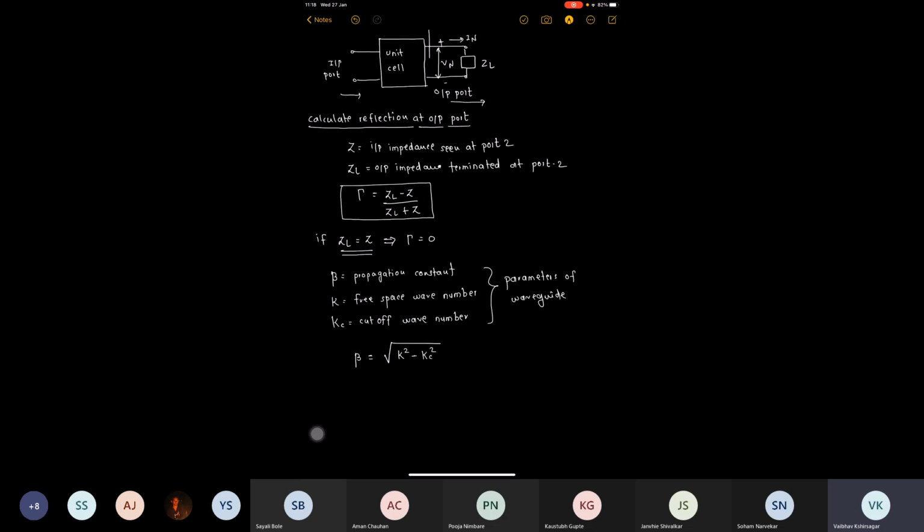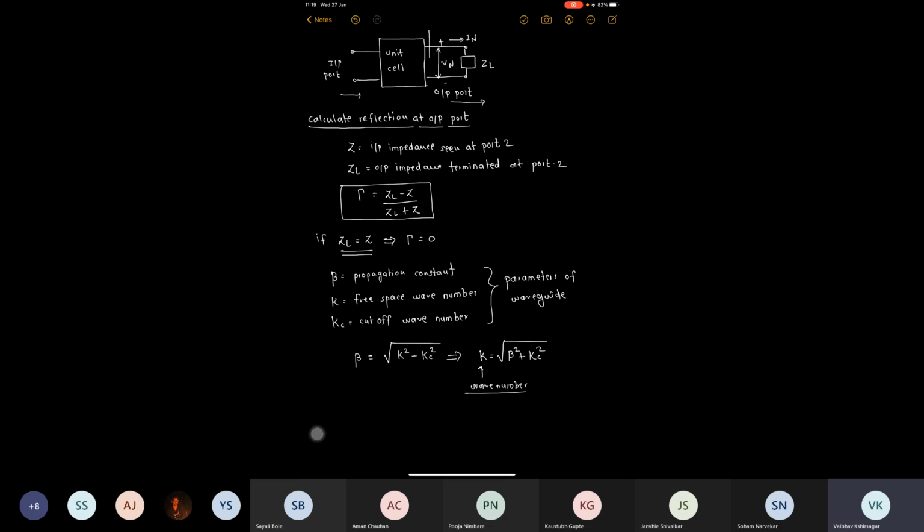This is the relationship between the propagation constant, the free space wave number k, and the cutoff wave number kc. Or, the same equation can be rearranged and written as k equal to the square root of beta squared plus kc squared. This is in terms of wave number, from the waveguide theory that we know. Kc is the cutoff wave number, K is the free space propagation wave number, and beta is the propagation constant.